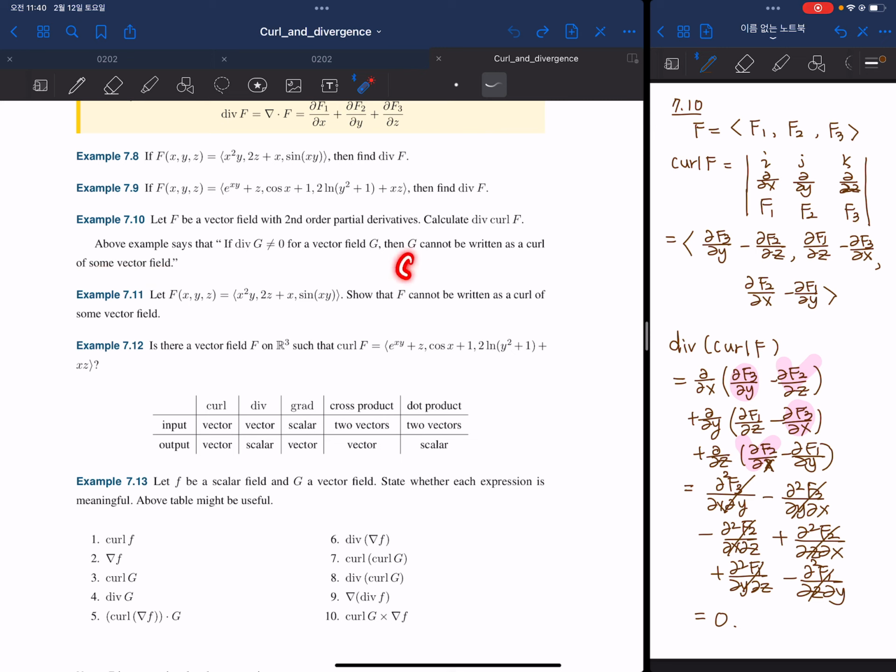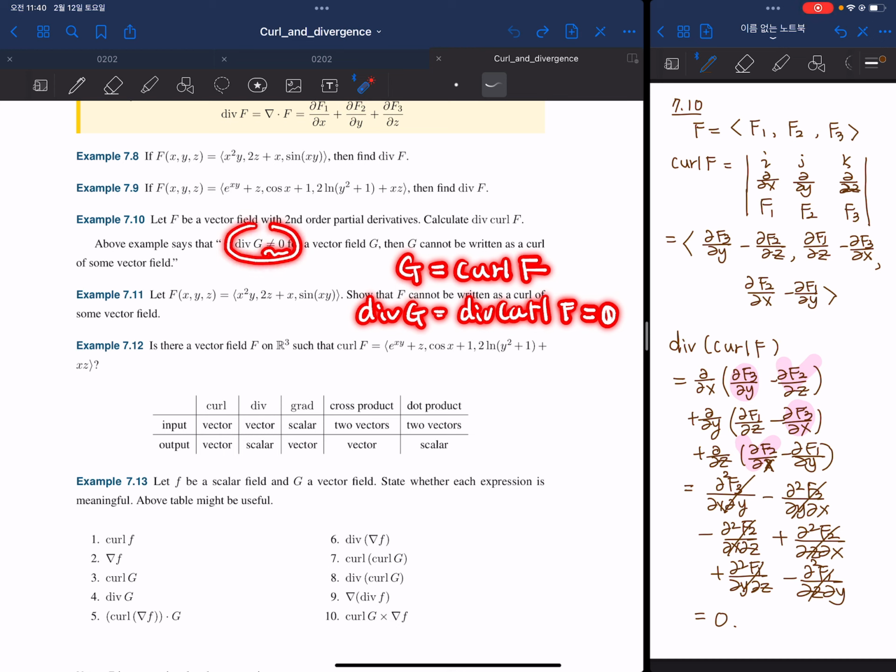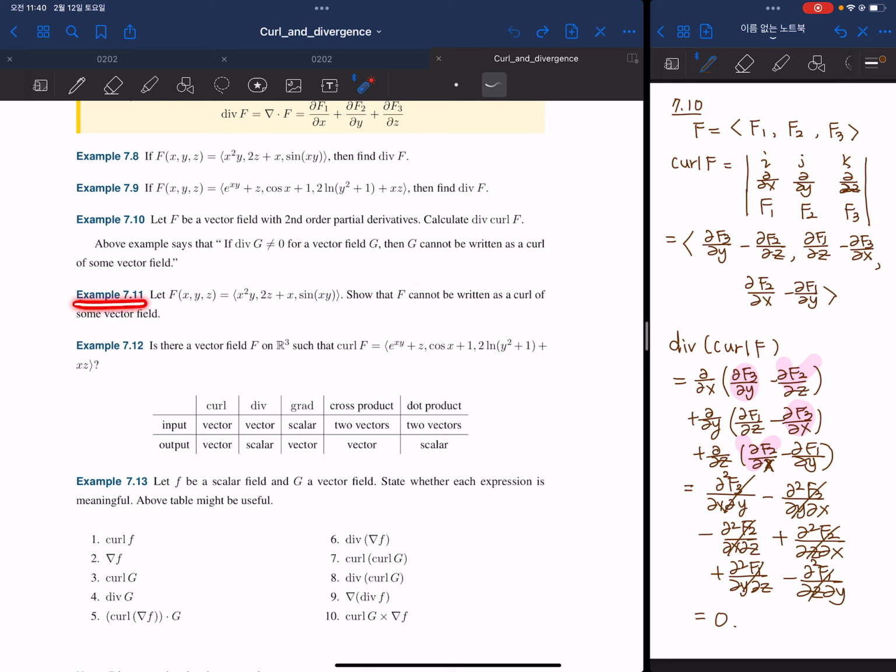If G can be written as the curl of some vector field F, then the divergence of G would be the divergence of curl of F, which by example 7.10 is just 0. So if the divergence is not 0, then G cannot be written as a curl. In example 7.11, f is given like this, and we want to show that f cannot be written as the curl of some vector field.